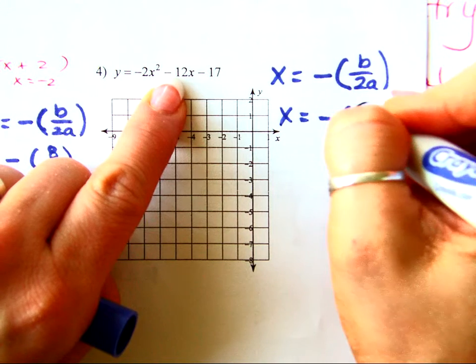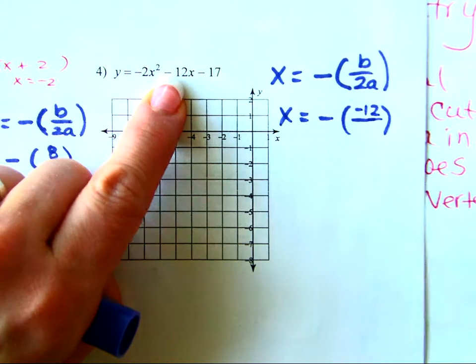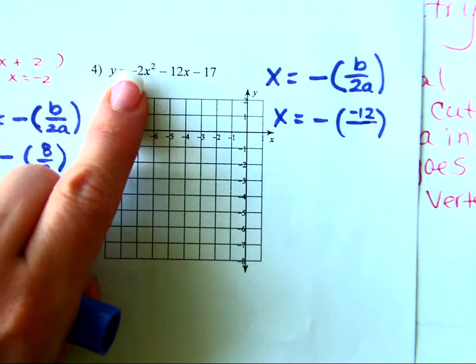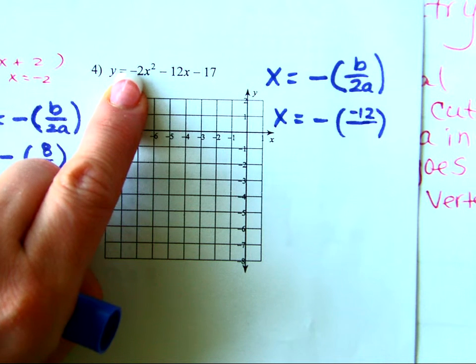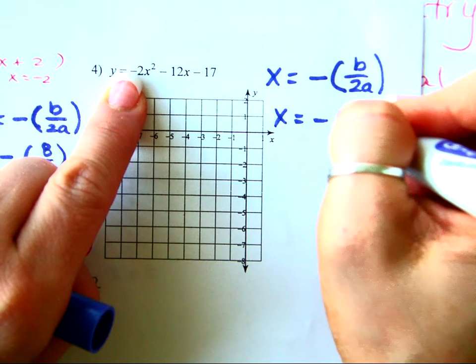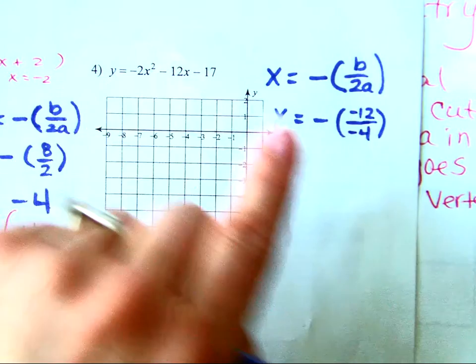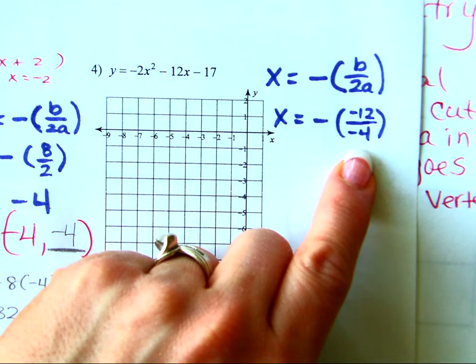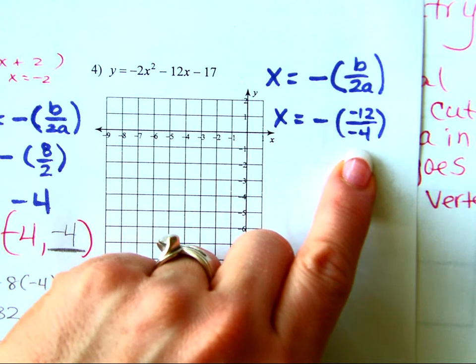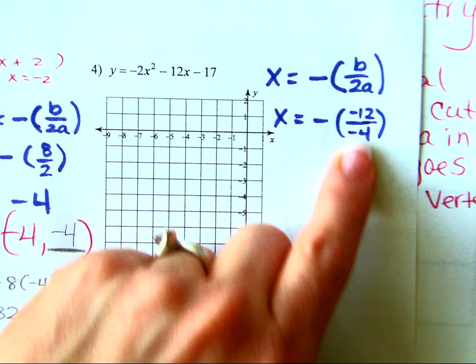Negative 12, over 2 times a. What is a? Negative 2. So what's 2 times negative 2? Negative 4. So negative 12 divided by negative 4 is positive 3. And the opposite of that is?